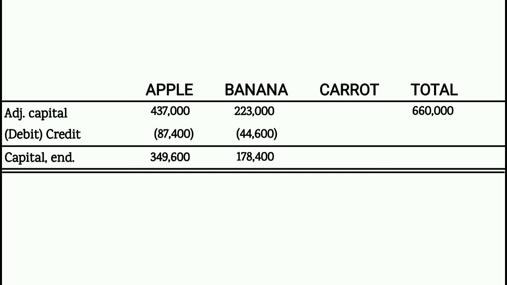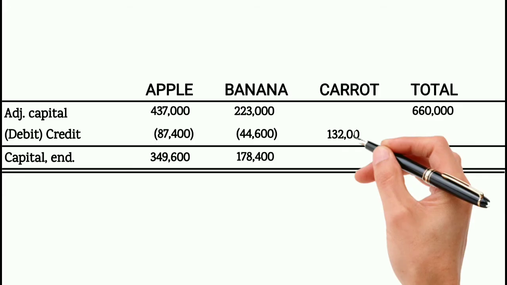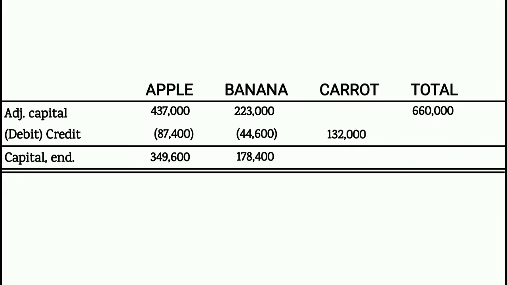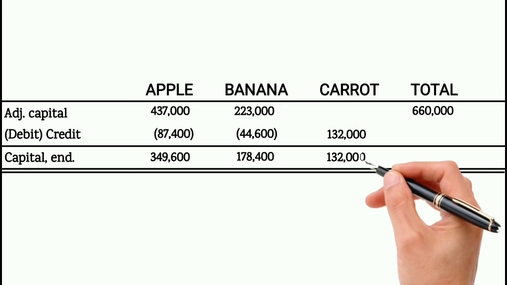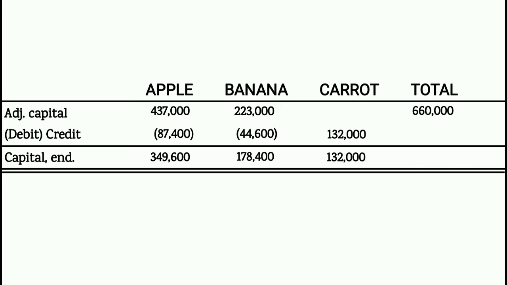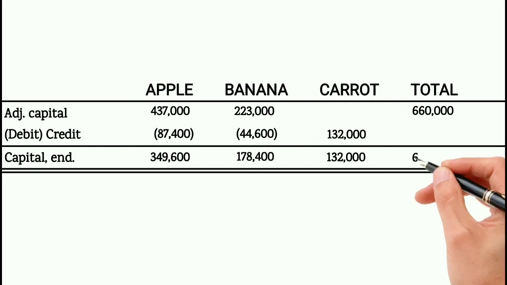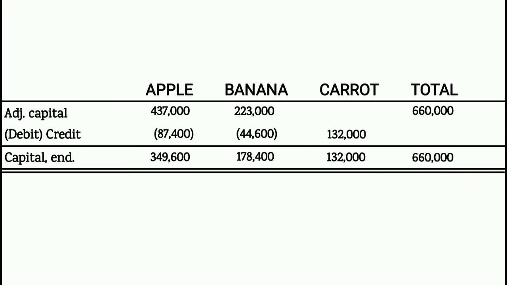Because we credited the 132,000 pesos, that means Carrot's capital increased. So we don't deduct it but rather add it. So for Carrot, the ending capital is 132,000 pesos. All in all, the ending capital is 660,000 pesos.